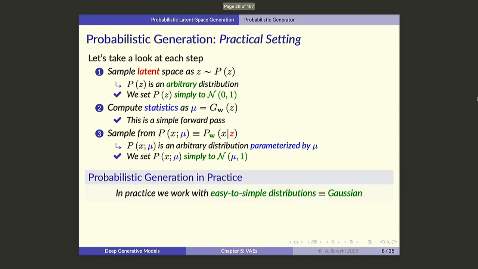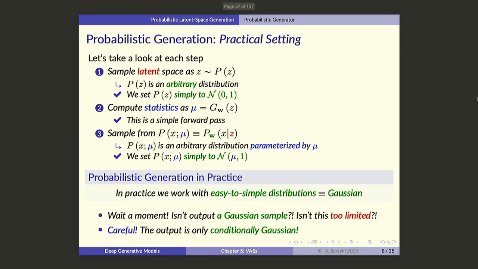But one thing that might come to your mind is that, as long as I make these two distributions, the prior distribution of the latent and this conditional distribution, some easy to sample distribution like Gaussian, I am fine. But this is computationally easy to do, yet at the end of the day, you're ending up with some Gaussian distribution, right?